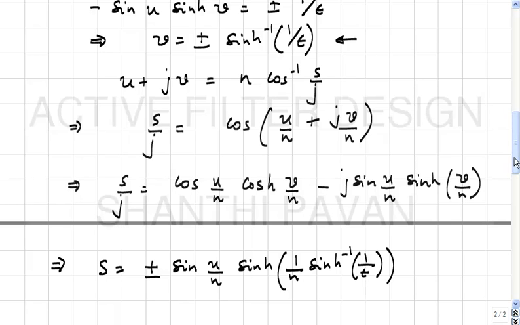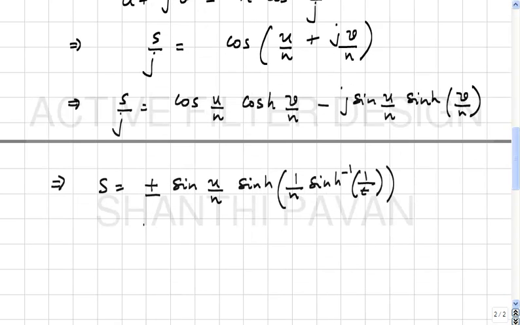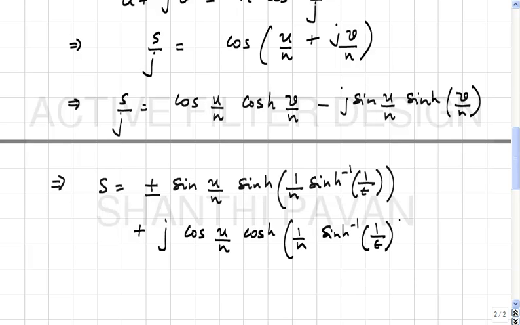Correct? Plus j cos u by n cos hyperbolic of 1 by n sin hyperbolic inverse 1 by epsilon.